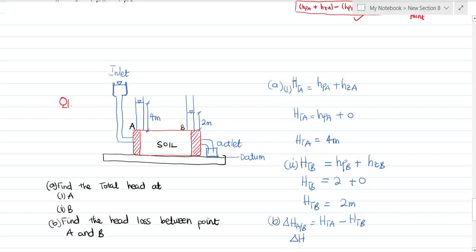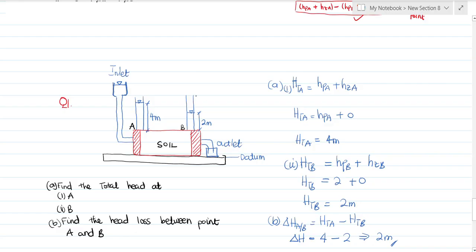So the head loss will be equal to the head difference at A and B. The total head at A is 4, the total head at B is 2. And so the head difference is going to be 2 meters.